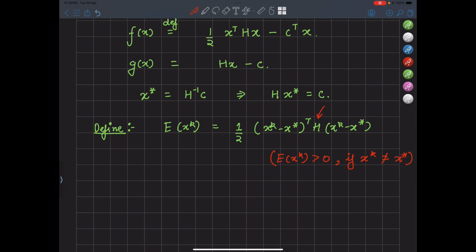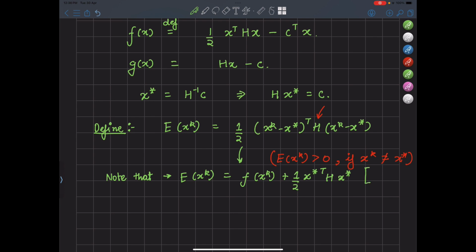Now if we simplify E of xk, please note that E of xk can be written as, if you simplify this term, what you'll get is f of xk plus half times x star transpose h x star.